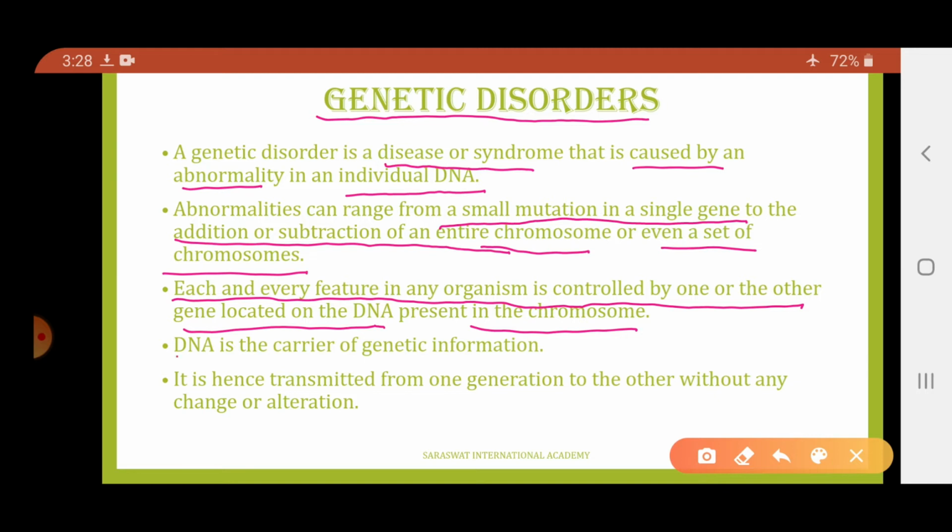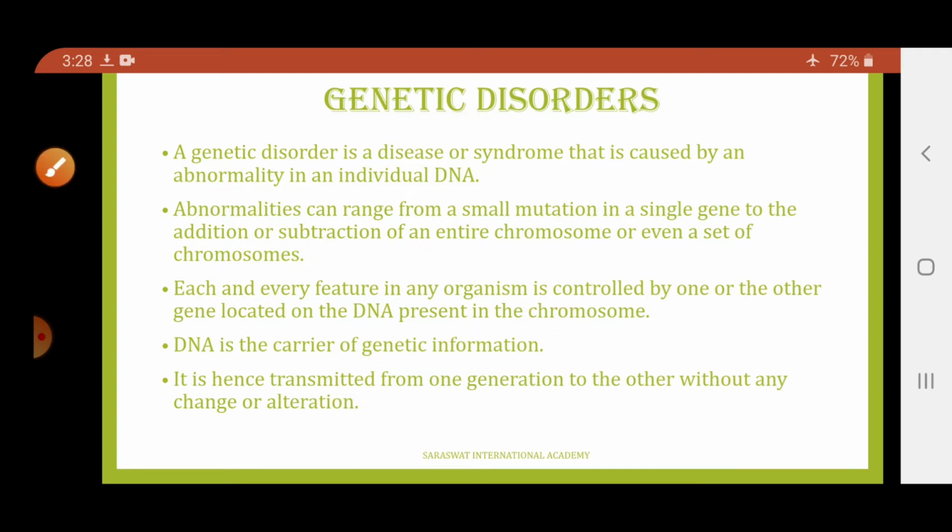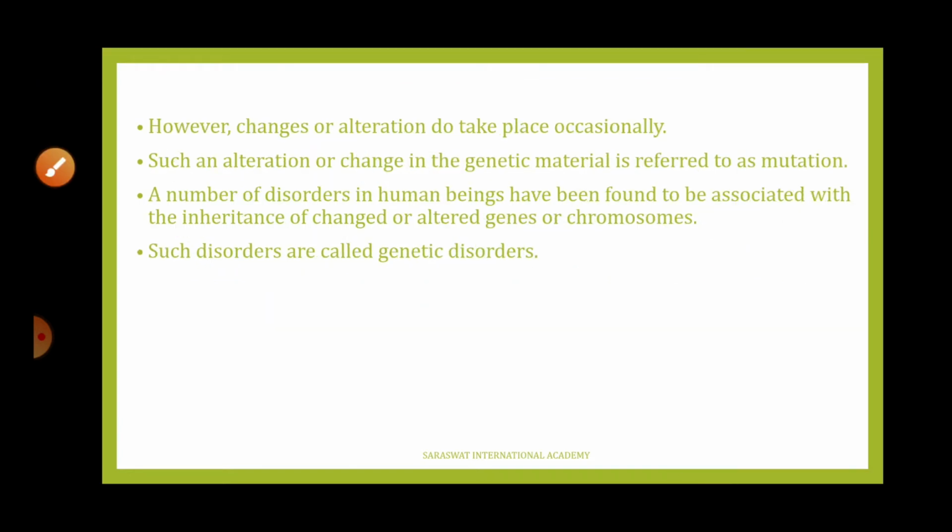DNA is a carrier of genetic information. It stores the information of each and every character, and hence it is transmitted from one generation to another. Normally DNA is transmitted without any alteration.